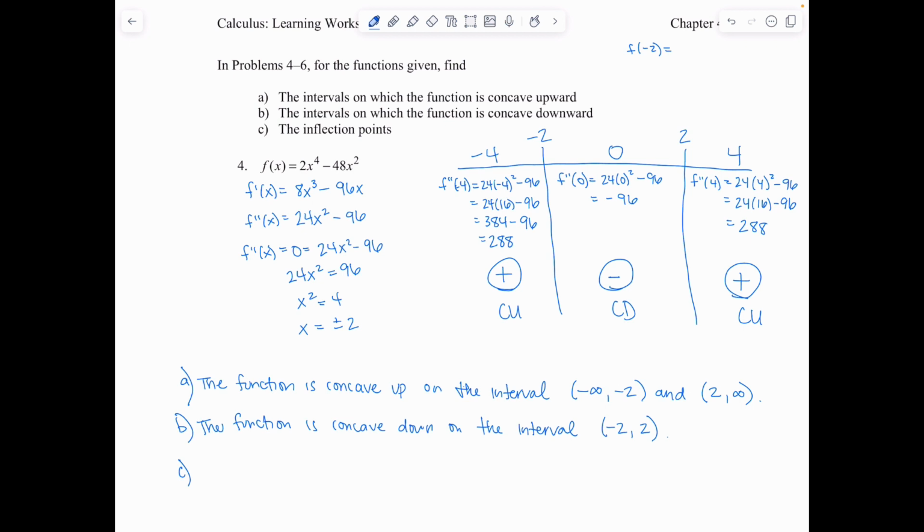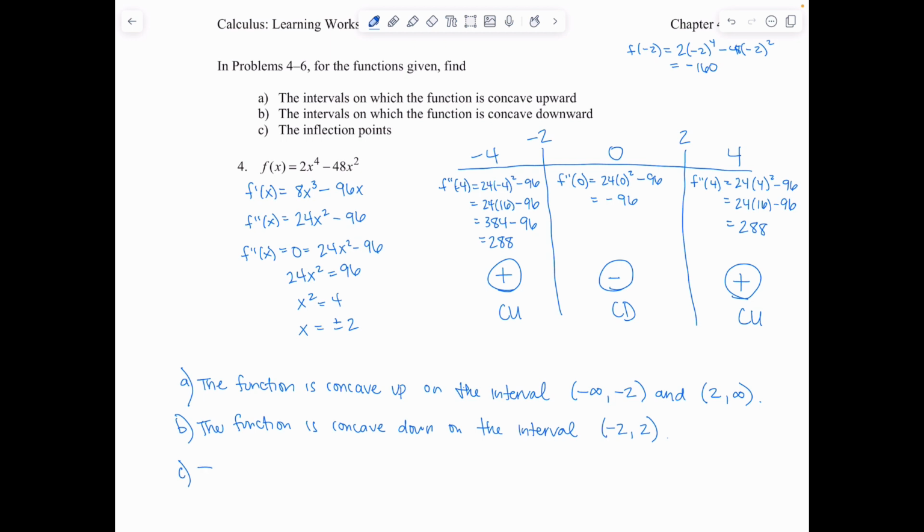So we'll do 2 times -2 to the 4th minus 48 times -2 squared. This will give us -160.